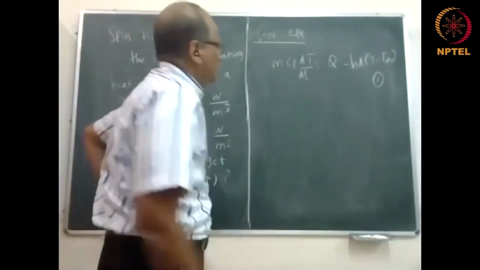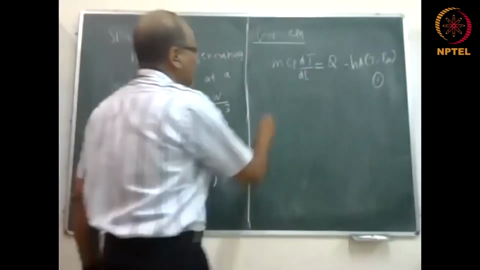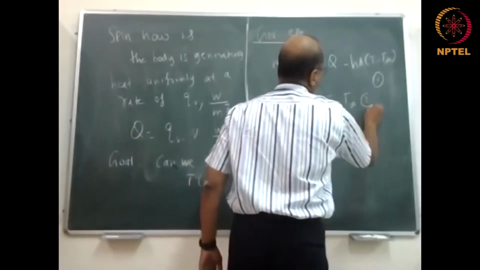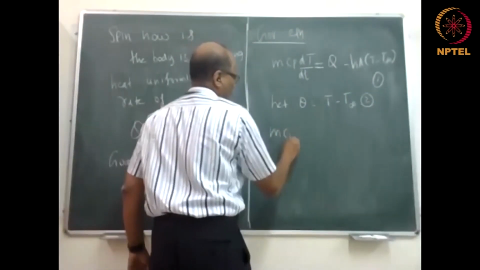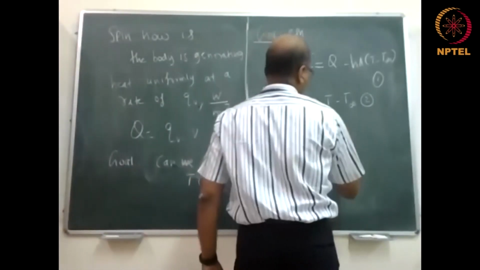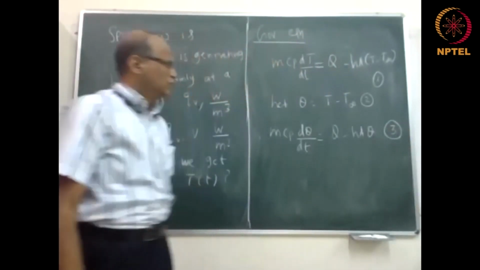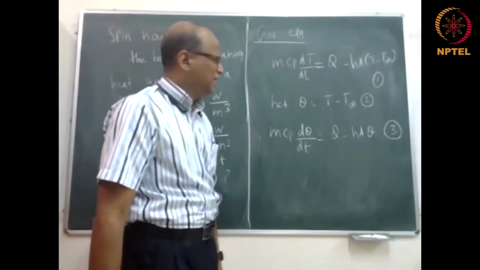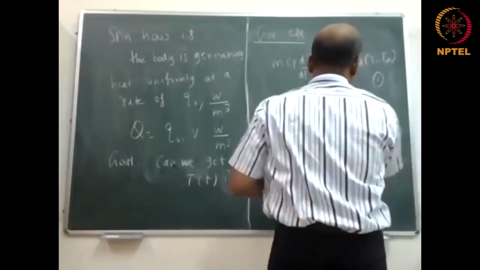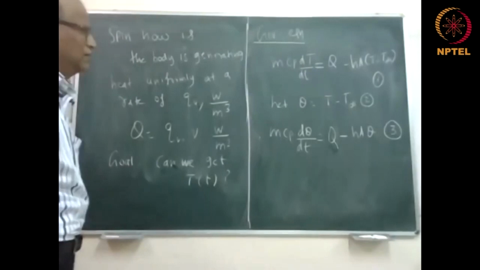Now, let theta be equal to T minus T infinity. Therefore, m Cp d theta by d tau equals Q minus hA into theta.